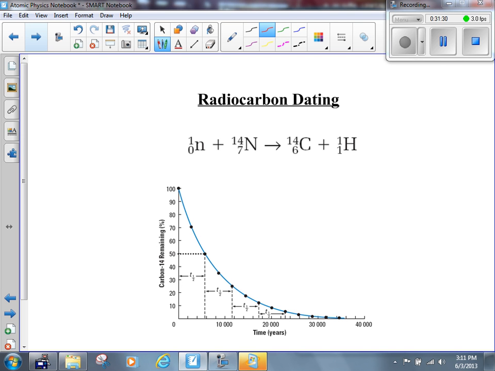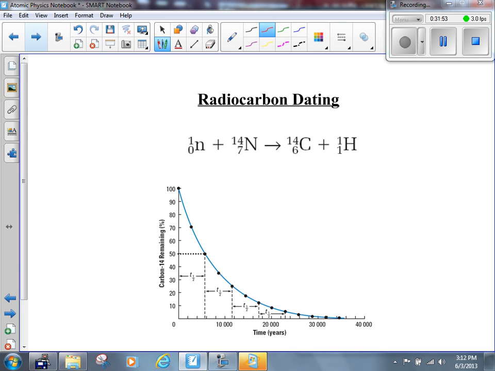This happens all the time. It happens continuously in the Earth's atmosphere. Plants breathe, for lack of a better term, carbon dioxide, they ingest water, they use sunlight to produce oxygen and glucose. Photosynthesis, right?